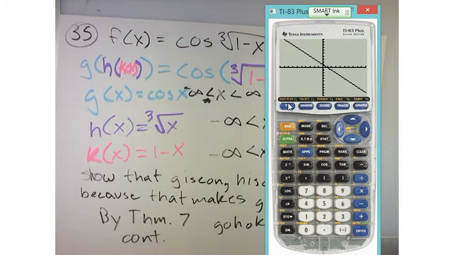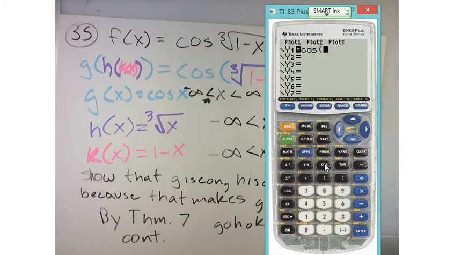So now let's graph the whole thing. I'm going to say cosine in parentheses. Now I'm going to set another set of parentheses, and I'm going to say 1 minus x. And to take the cube root of that, I'm going to raise that to the 1 divided by 3.